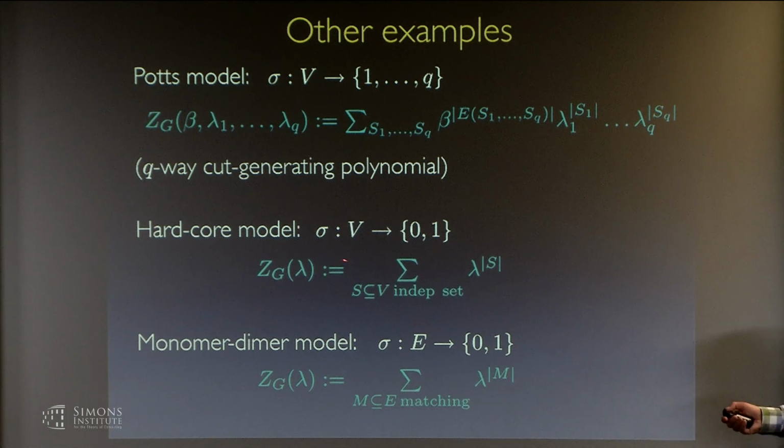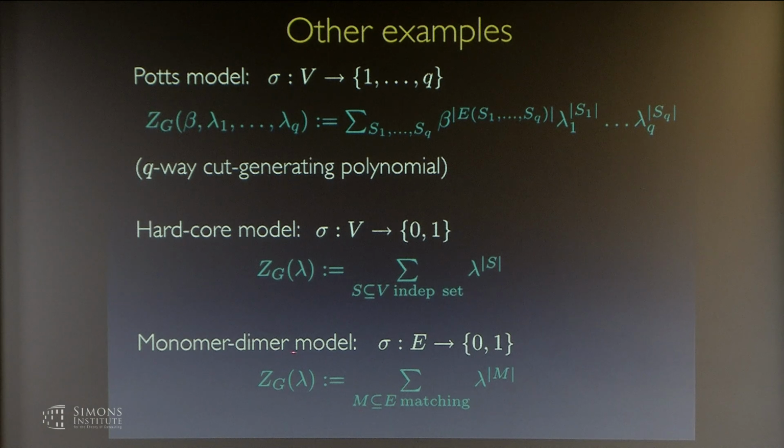The hardcore model: the configurations are independent sets in the graph. So you have 2 spins, 0 and 1. You're not allowed 2 1s next to each other. So the allowable configurations are independent sets in the graph, and you weight each independent set by lambda to its size. All of these things can be realized by suitable potentials.